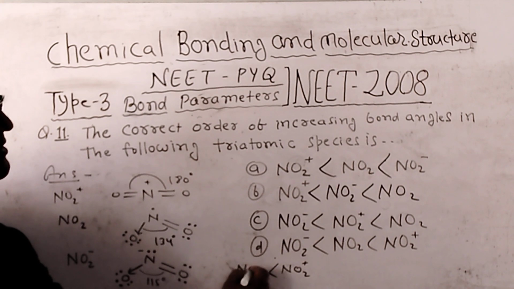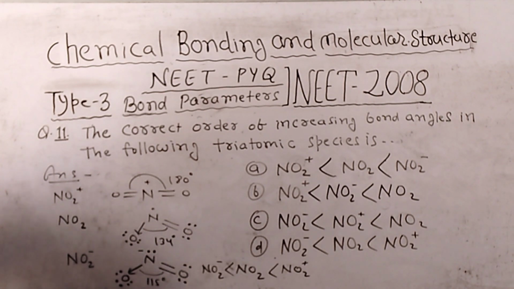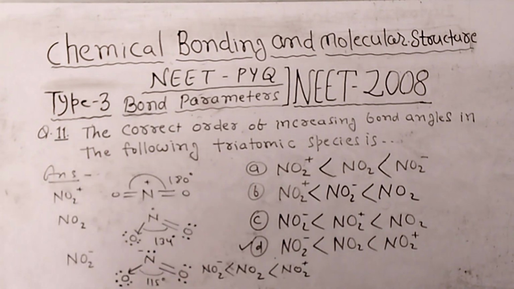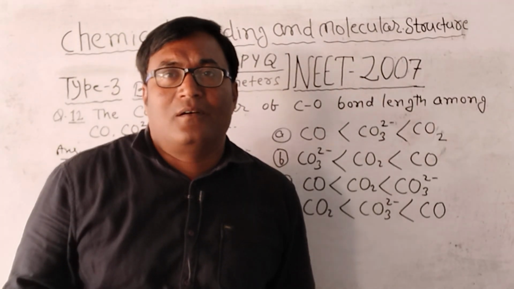After that NO2, and after that NO2 minus. Okay, this is the correct answer. Now according to these options, option D is correct. Now question number 12 is based on order of bond length.